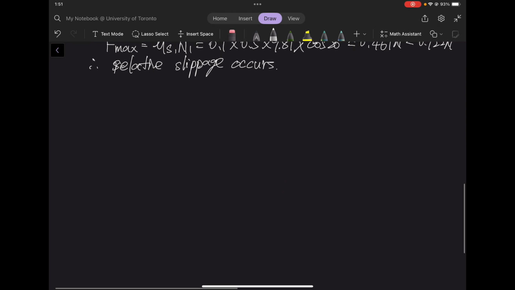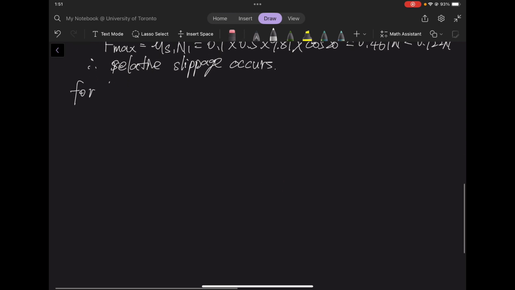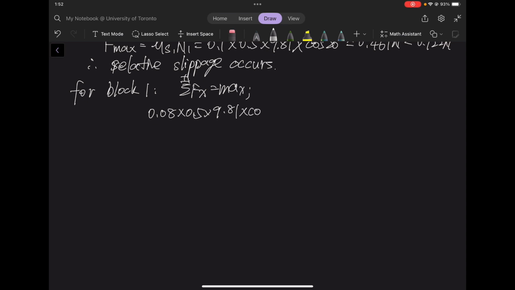So for block 1, we have the acceleration in x direction, which is equal to 0.08 times 0.5 times 9.81 times cosine 20 degrees minus 0.5 times 9.81 sine 20 degrees, which is equal to 0.5 A1. A1 again is equal to 2.62 meter per second square.